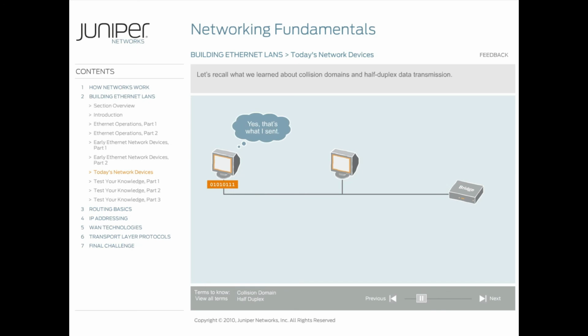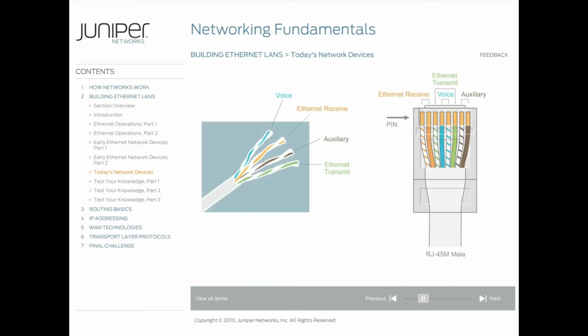Waiting and listening takes up valuable network time and makes the network not as efficient as it could be. As we'll see, modern network devices have greatly reduced the chances of collisions, and in doing so, greatly increased network performance. As we mentioned earlier, end-user devices today connect to network devices using twisted pair or fiber optic cables instead of coaxial cables. Twisted pair wiring offered new possibilities for networking that coaxial cable didn't have.